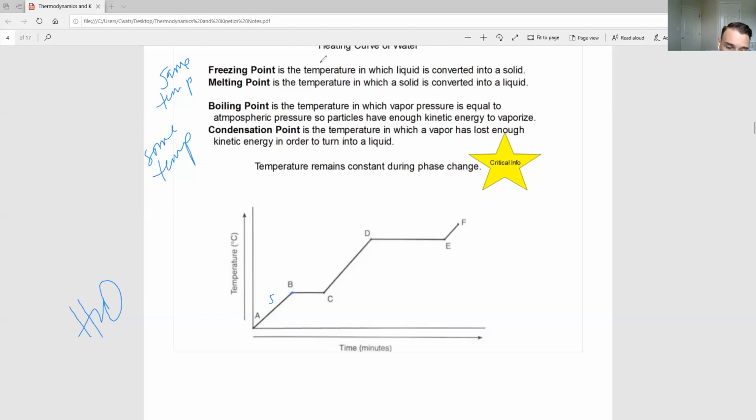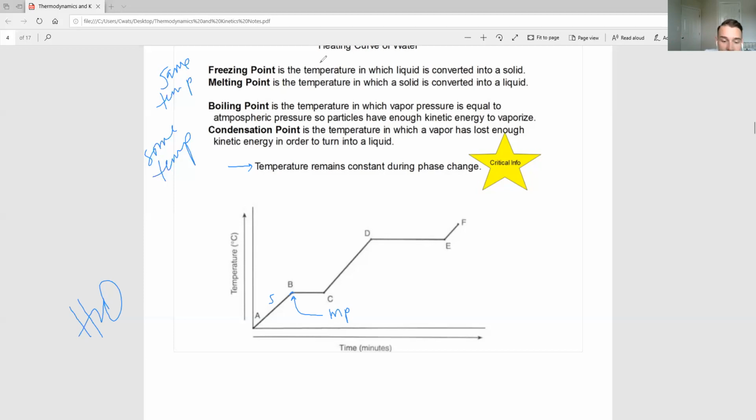Point B would be the melting point, the point at which it starts to melt. Then from B to C, you can see that the line is flat. It's very important: temperature remains constant during the phase change. All of the energy goes into changing the state.